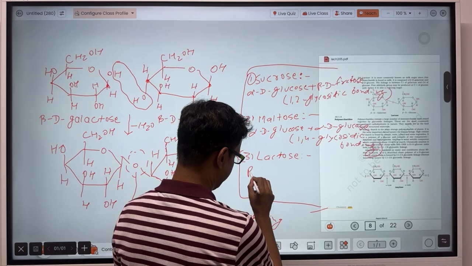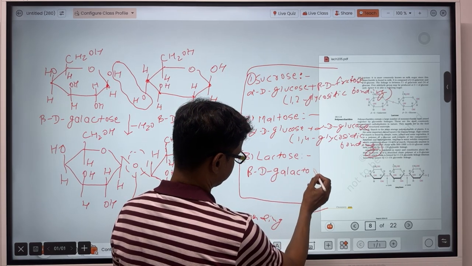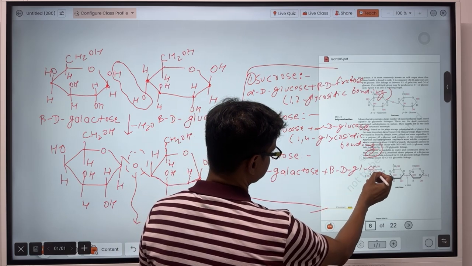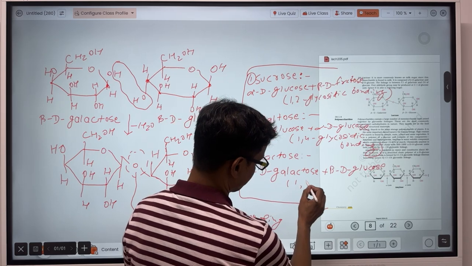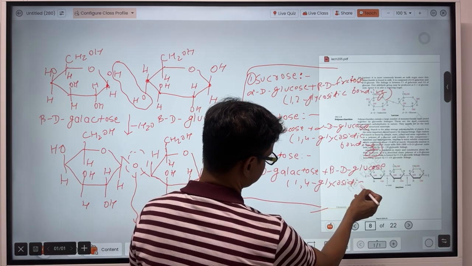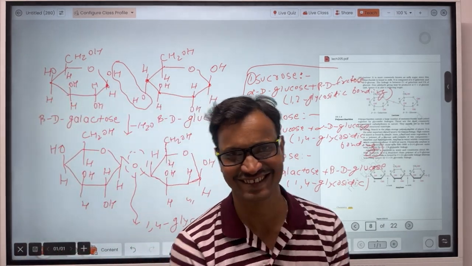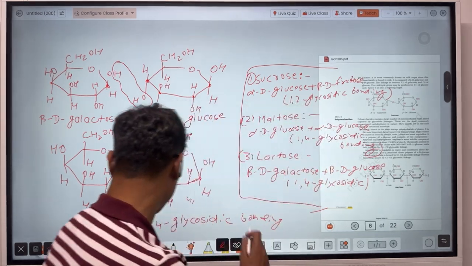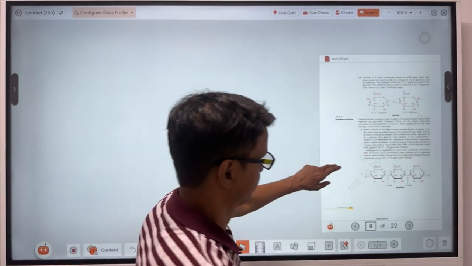That is beta D-galactose and beta D-glucose. And which bonding? 1,4 glycosidic bonding. Okay, guys, very easy. Now proceed. So that was about the disaccharides.